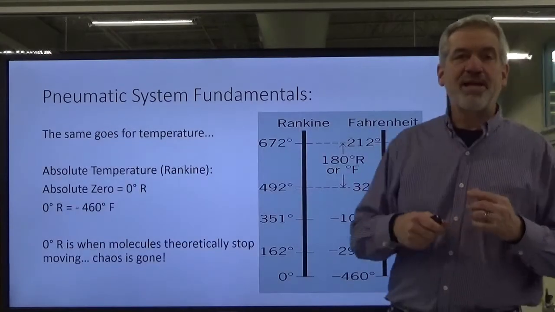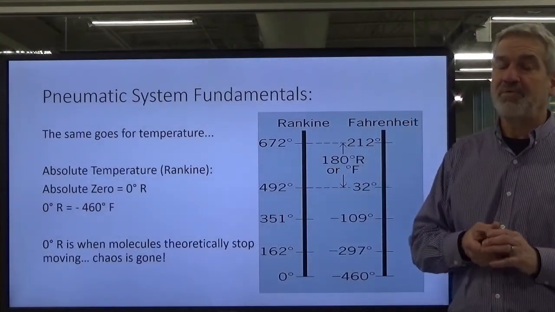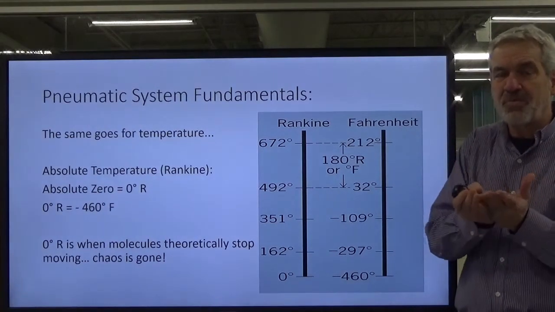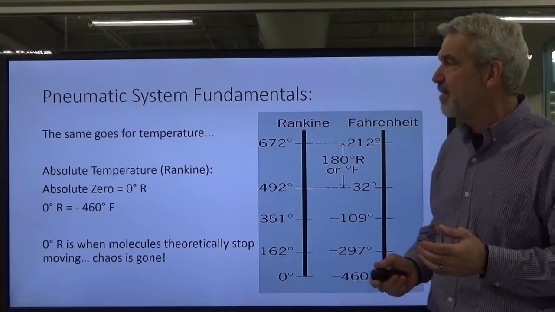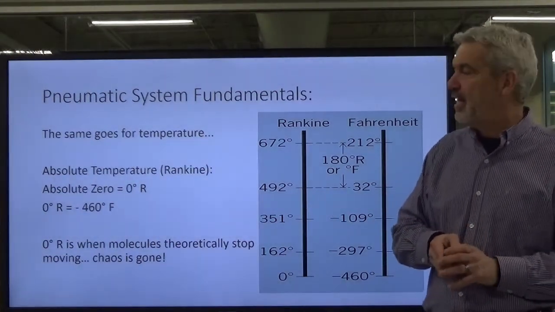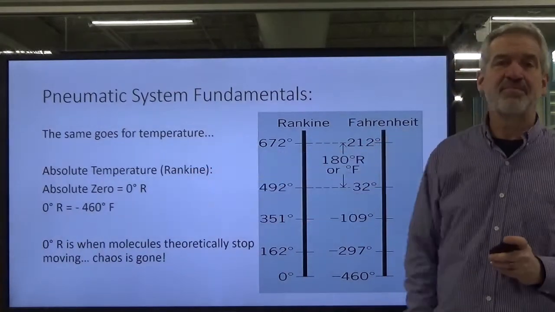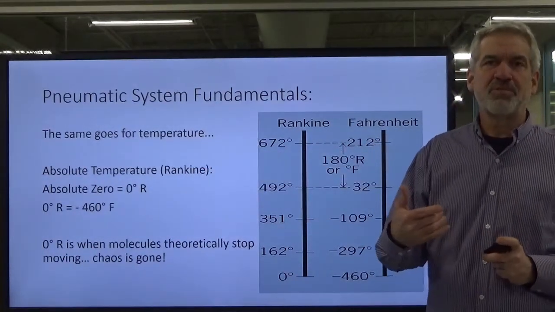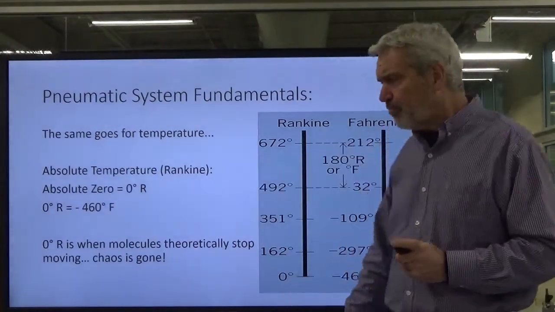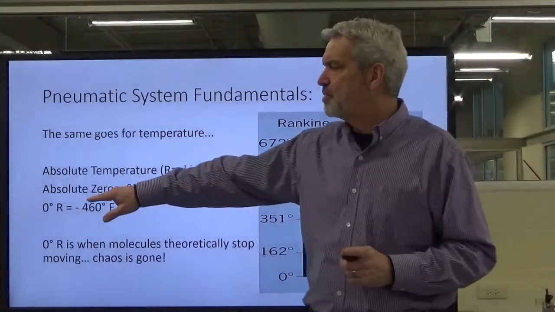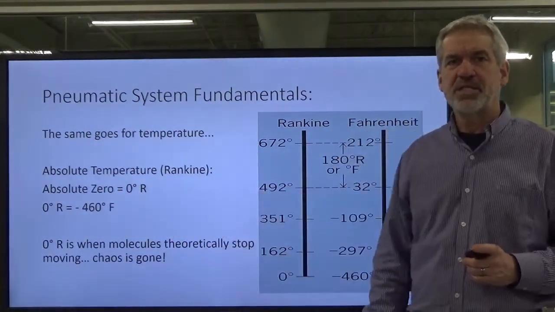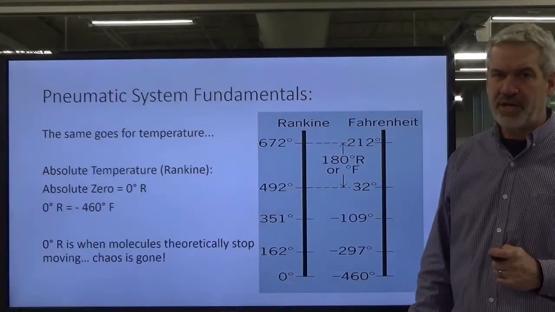Now, one thing we haven't talked about yet is absolute temperature, and again, we've got to get this into an absolute value so the two numbers in the formula can work together and talk together. Okay. So the same goes for temperature, but we have absolute temperature, and this is the Rankine scale. We are pretty much familiar with Fahrenheit and Celsius. This is a different scale. And absolute 0 in Rankine is minus 460 degrees Fahrenheit.